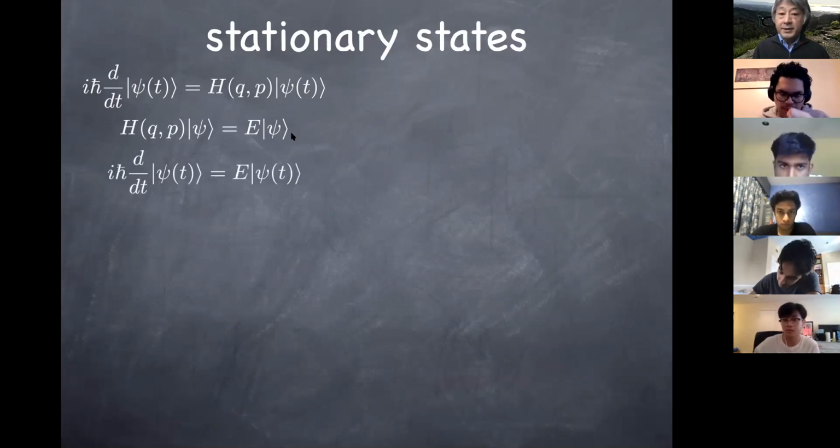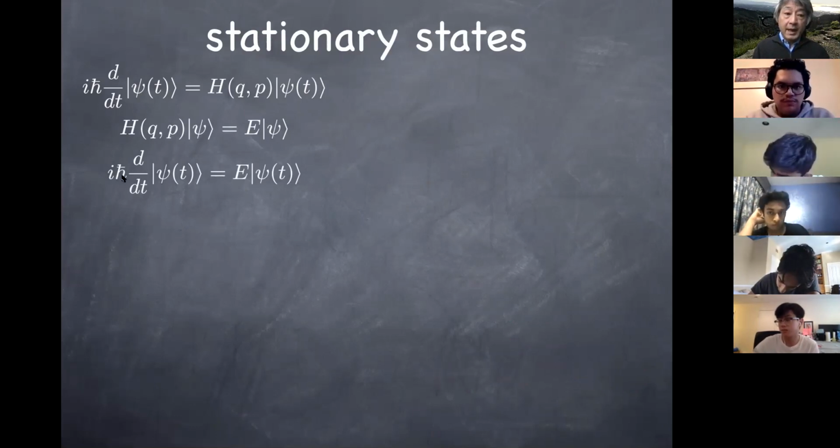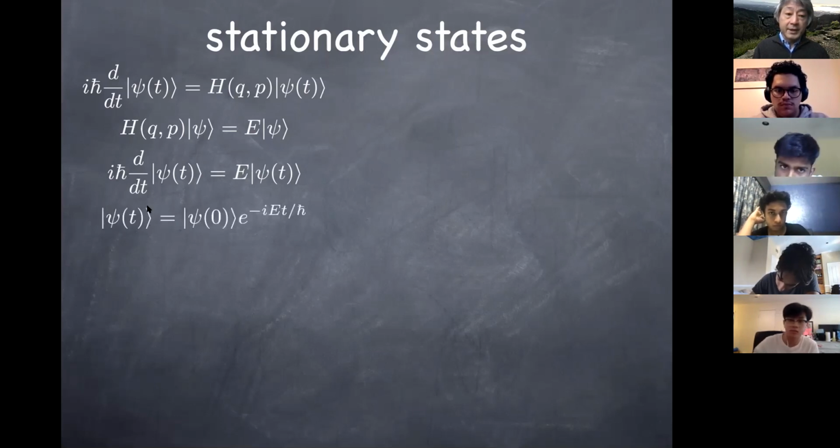So once you have an eigenstate psi, then this time evolution equation, i h bar d/dt psi, is now given by this eigenvalue E. And then you know exactly how to solve this equation, namely that the state changes only by a phase, e to the minus iEt over h bar.